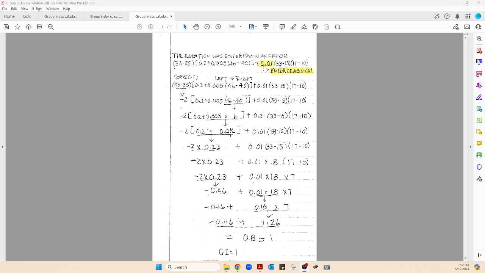Let's see what that would do. 0.2 plus 0.03 is 0.23.